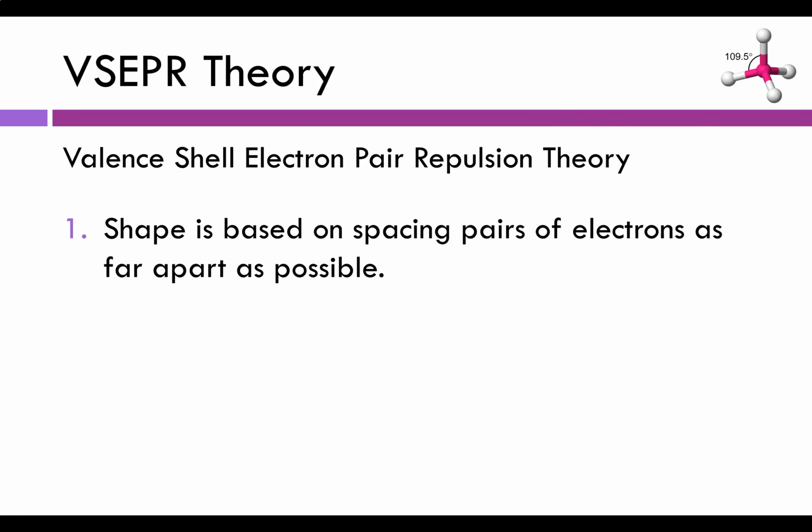So basically, this theory states that shape is based on spacing pairs of electrons as far apart as possible. That makes sense. Electrons are all negatively charged, so putting pairs of electrons close together isn't a great idea. They're going to repel and make the molecule unstable.